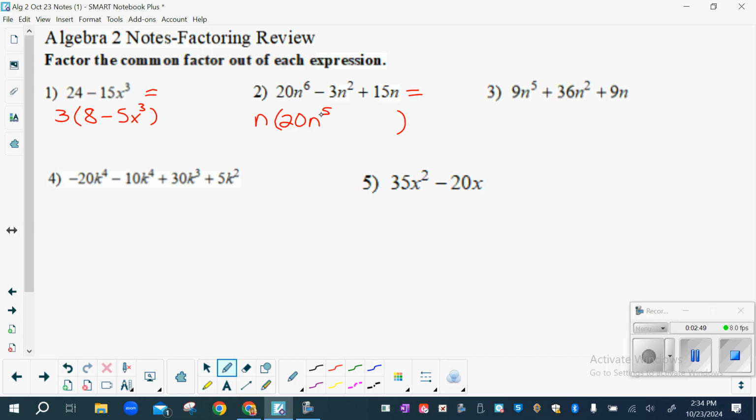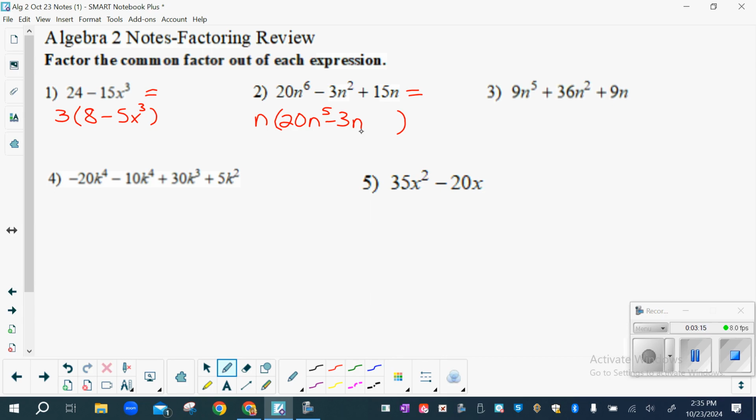And so what would the next term be? n times what is negative 3n squared? Positive or negative? Negative. Negative what? 3n. And again, the exponent here is like a 1 and a 1. 1 plus 1 gets us back to the 2. Does that make sense?